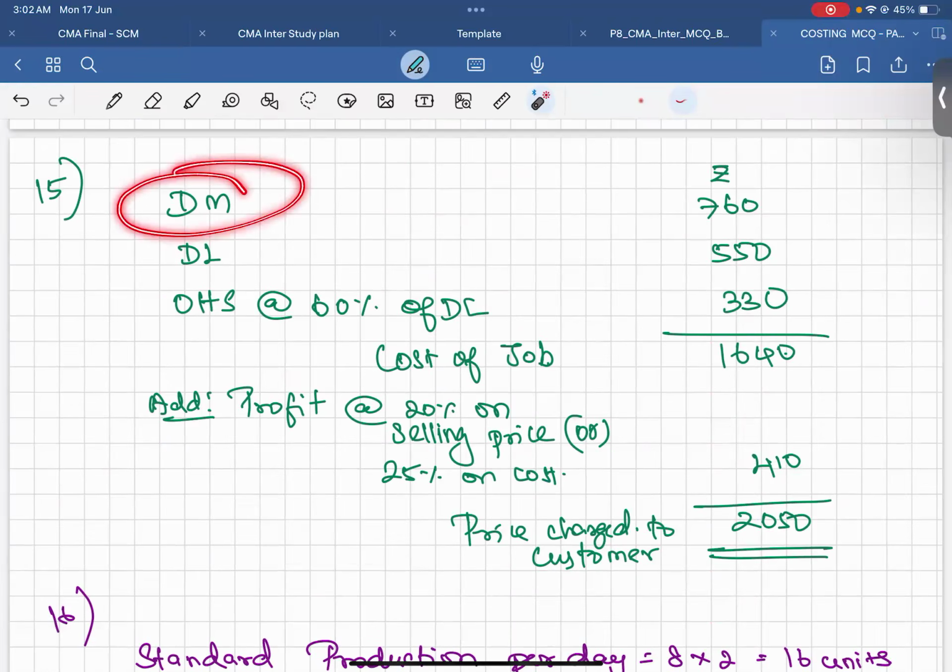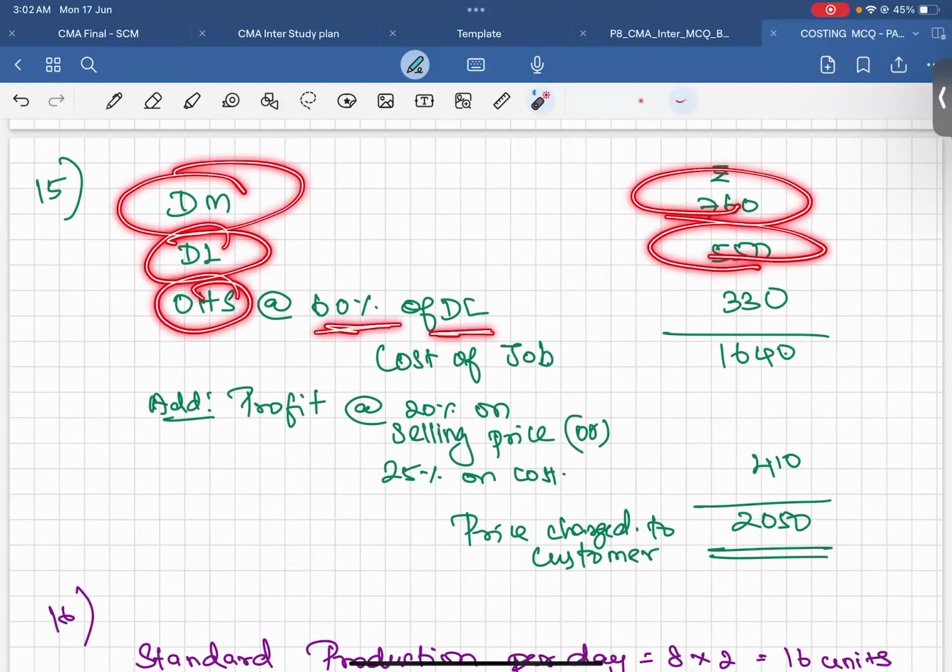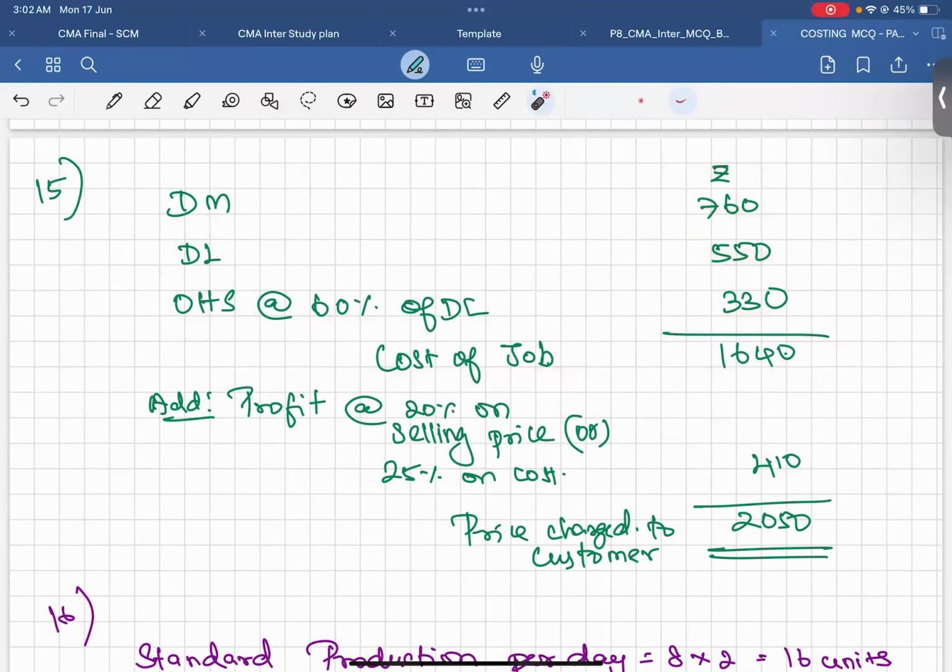Direct material given, 760, we will write. Direct labor given, 550. Overhead they said 60 percentage of the labor, so 60 percentage of labor is done. So the total cost of the job we have found out. They gave profit as 20 percentage on the customer price, that is 20 percentage on the selling price. It means 20 by 100.